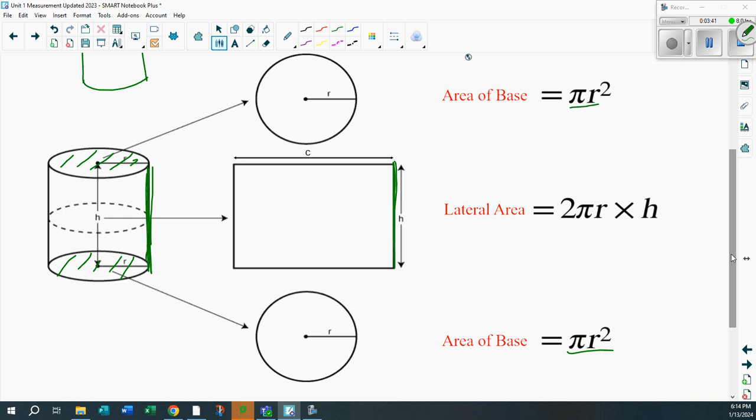That's the distance all the way around, which works out to be the circumference, 2 pi r. Area is 2 pi r times the h, length times width. Add this to this to this, and you're done.